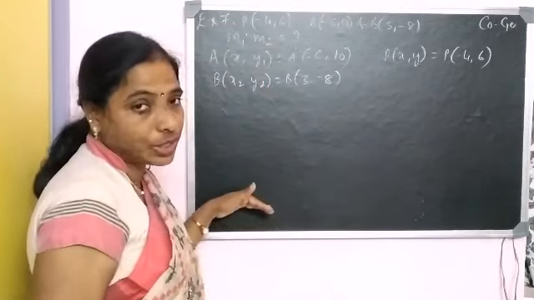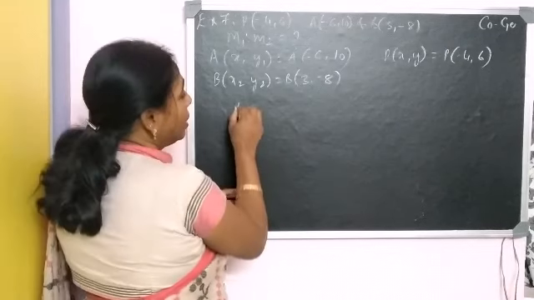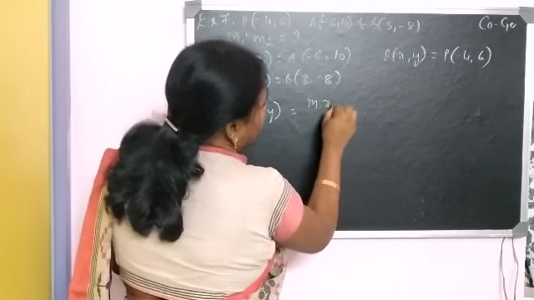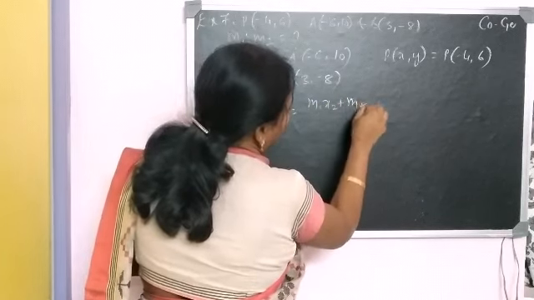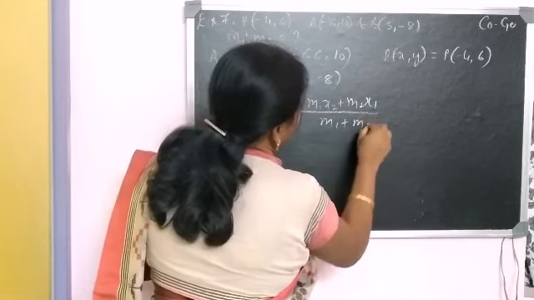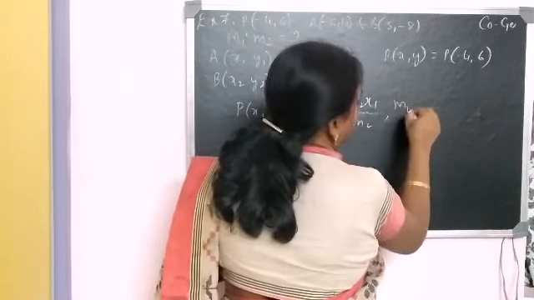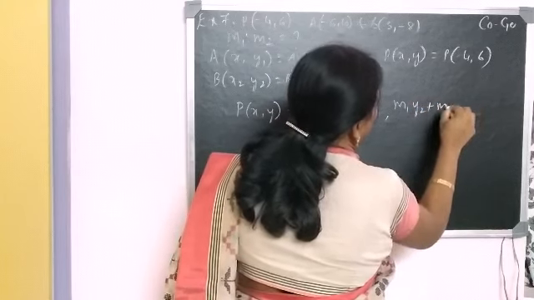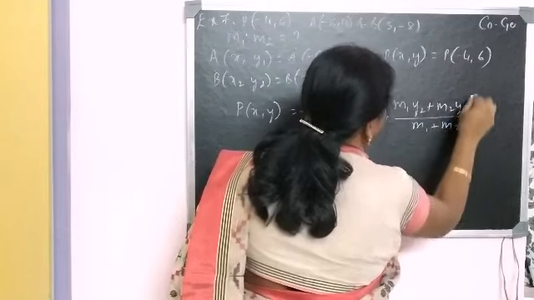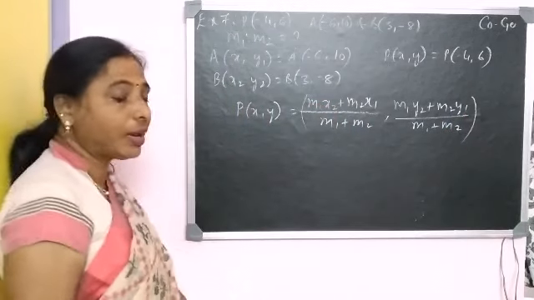Let us substitute this in the formula. What is the formula? P of xy is equal to m1 x2 plus m2 x1 divided by m1 plus m2, comma m1 y2 plus m2 y1 divided by m1 plus m2. Let us go on substituting the values here.